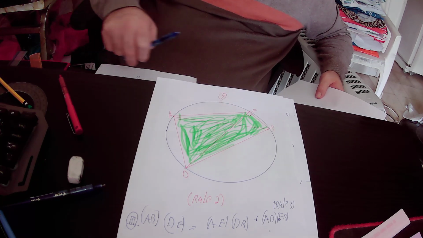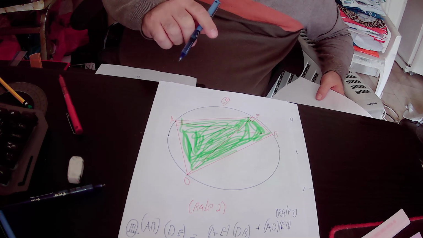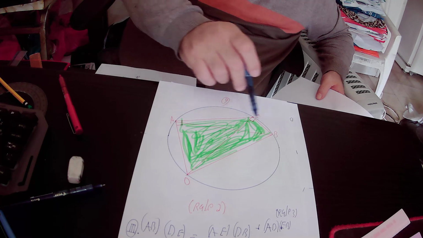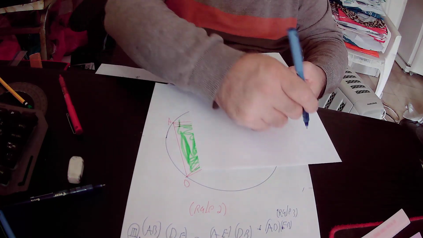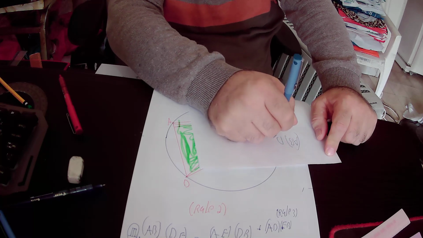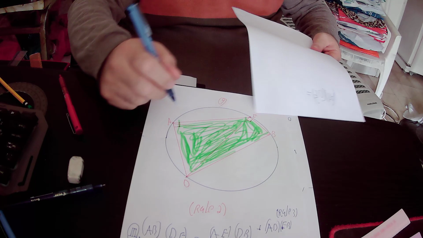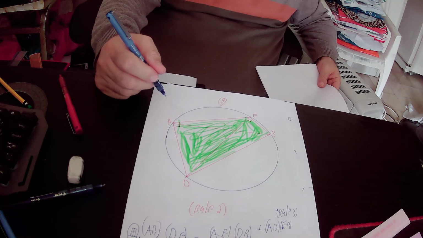Therefore, according to rule number 3, the product of its diagonals, AB times DE, equals the sum of the products of its opposite sides.